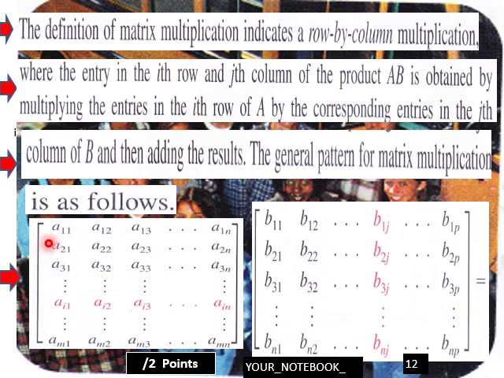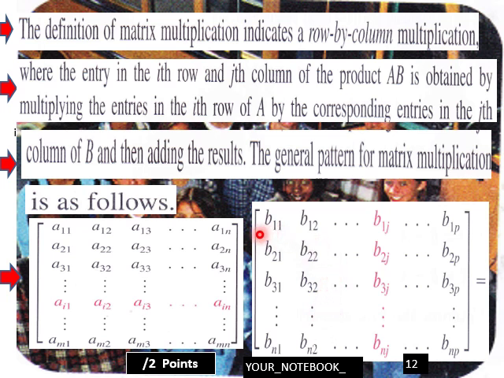So when we have A11, A12, A13, A1n, then A21, A22, A23, A2n. So that's the way we move across like this. And then B11, B12, B1j, B1p, then B21, B31, and same thing here.